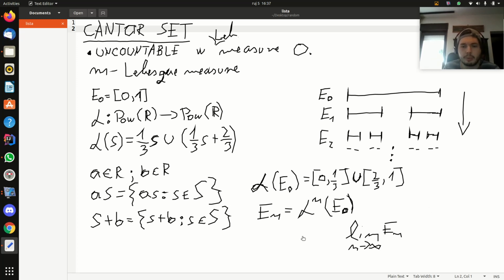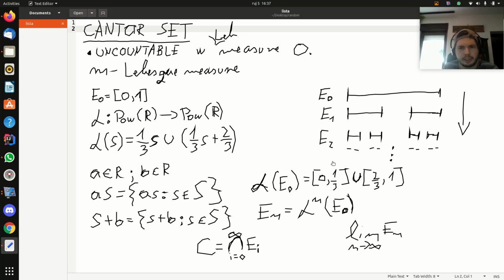Well, we define the Cantor set, call it C, to be the infinite intersection of all the Ei's. And for this to work, for us to be able to take this limiting process, the sets have to be nested. The sets have to be nested.